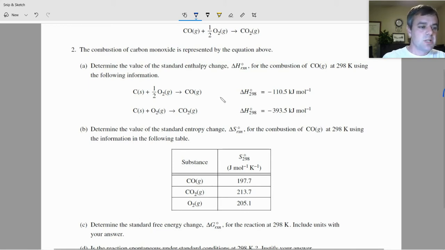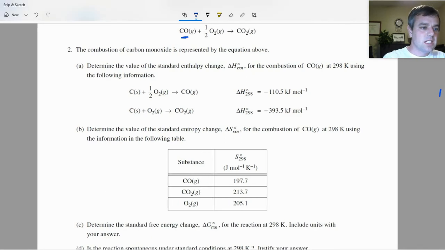What you might notice is that carbon monoxide is a reactant over there and it's a product in this reaction. But if we take this reaction and reverse it, and add it to the second reaction, then it will equal the overall reaction, because our carbons would cancel out, as would half of an oxygen.